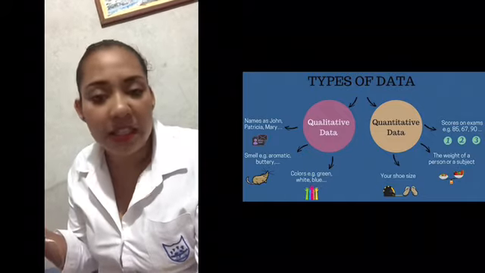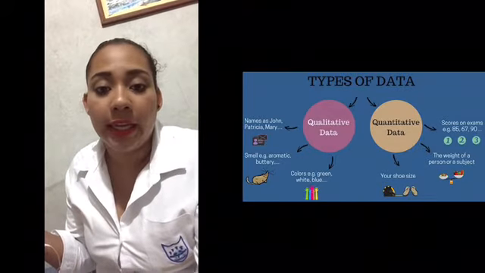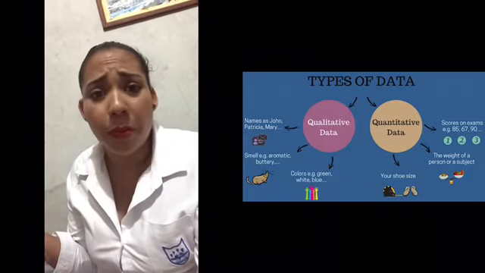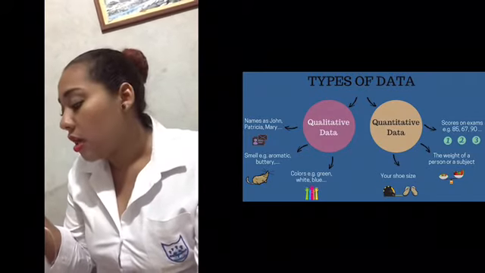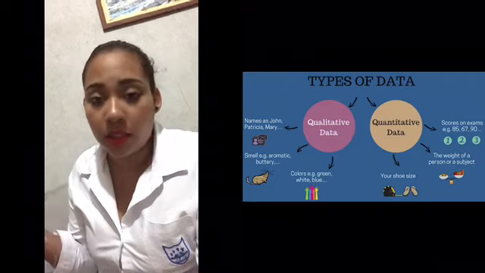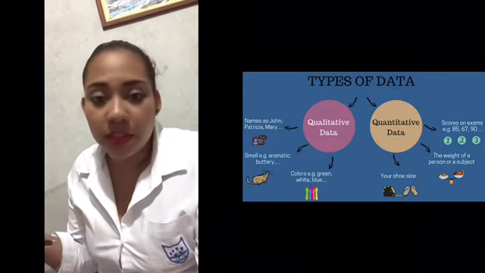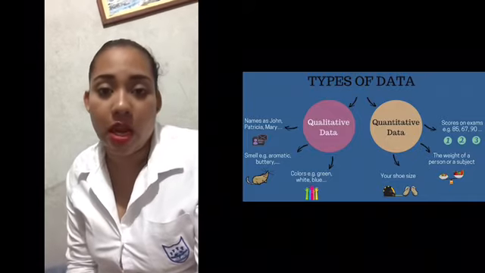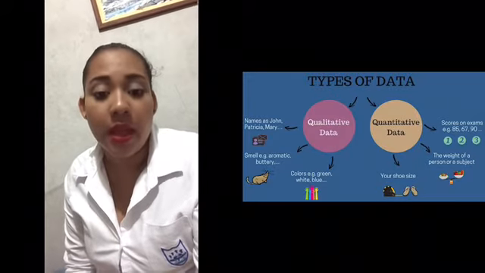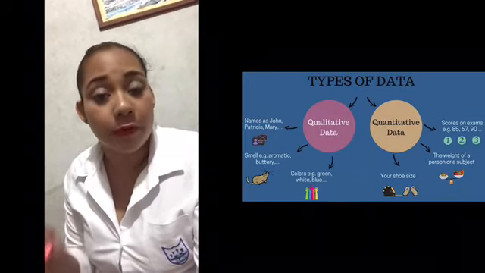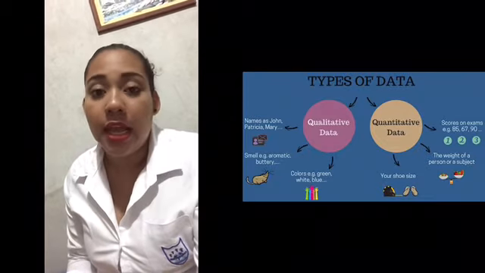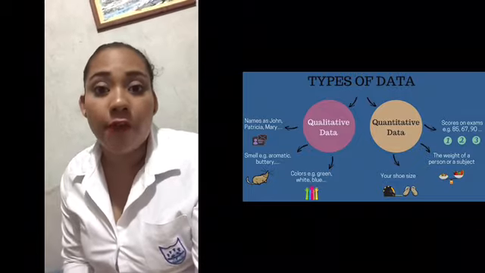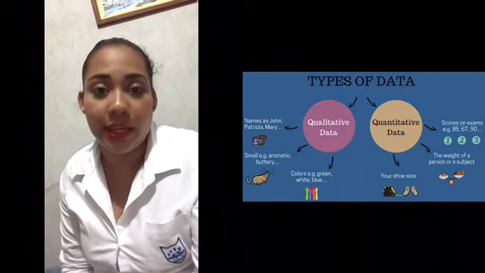Any type of smell, a smell from a perfume. Colors, all the colors that exist. Images, symbols. All the type of information that is not related to numbers. Now that that type of information is clear, let's continue and start with the activities from page 96.